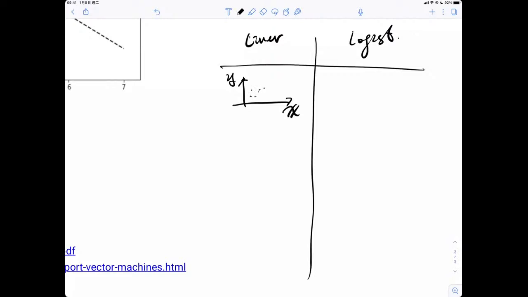We visually believe we can use a line to represent the relationship between the features, which is big X, and y. And this y is a numeric target. On the other hand, logistic regression looks like this.